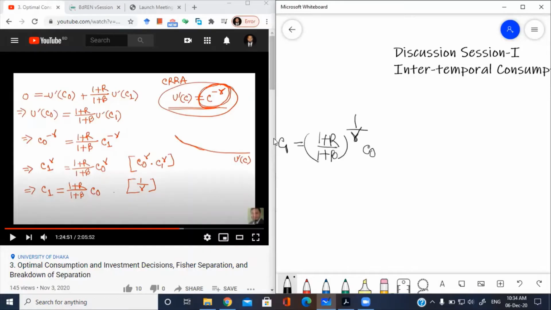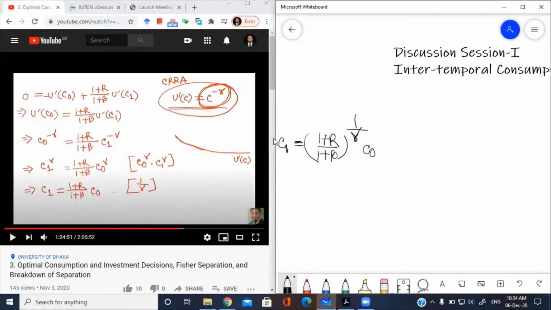So what I request you is to make this correction: add 1 by gamma as a power to this term, 1 plus r divided by 1 plus beta.